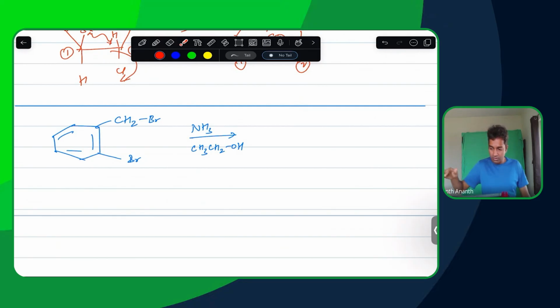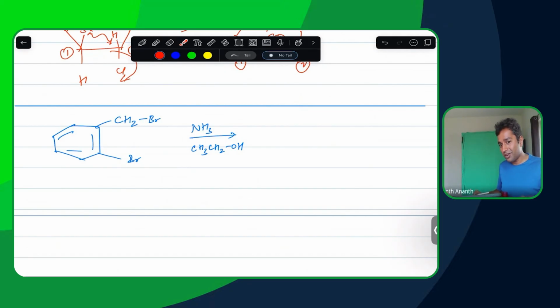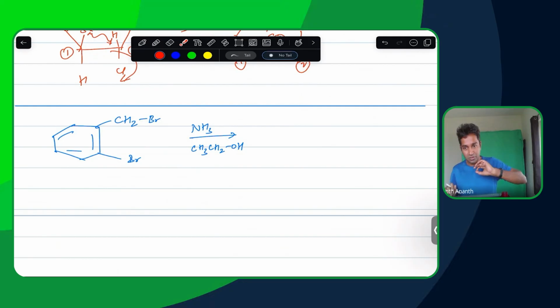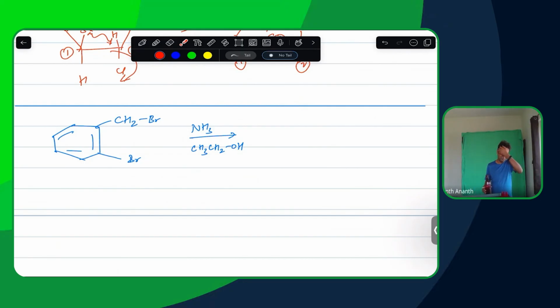What is among the other options given in the question? Do you have a problem? No, sir, I got the answer. You understand that the ring will not be touched, right? So that bromine on the ring is not going to be hit at all. That part is clear, right? That'll stay similar. Okay, next. One second.